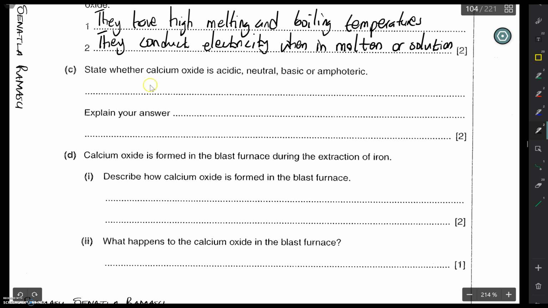Part C says state whether calcium oxide is basic, neutral, acidic, or amphoteric. Well, calcium oxide is basic. Why? Because most metal oxides are basic, right?